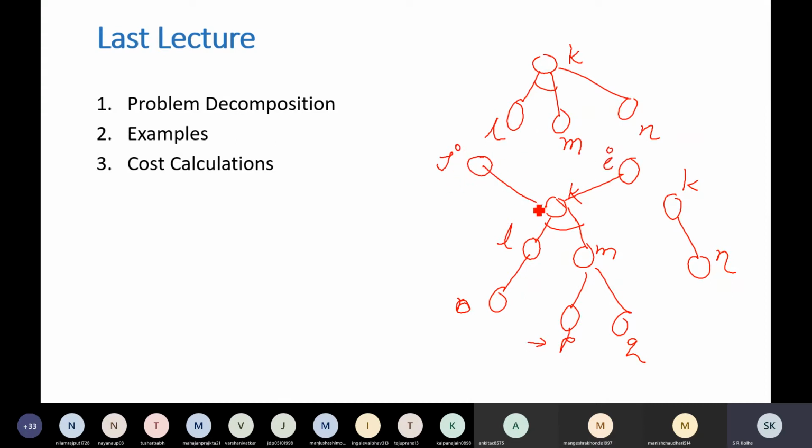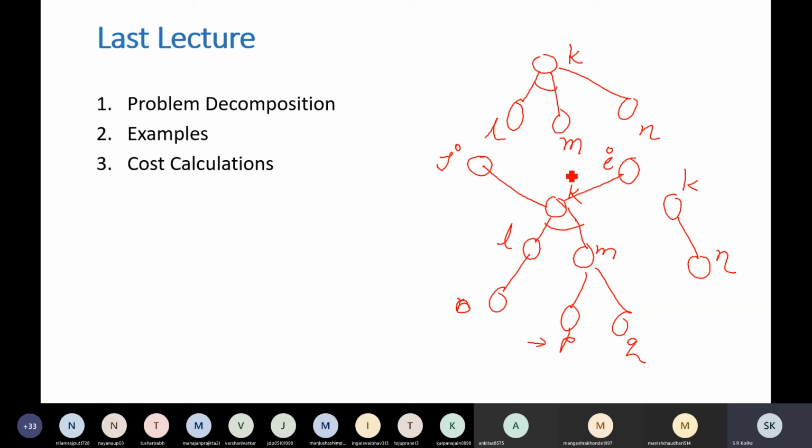Now there might be a case that you have visited this K earlier, when you came from this J node. After some time, suppose the path through I has become better, so I will generate K again.